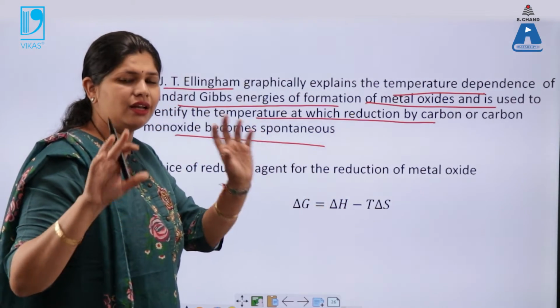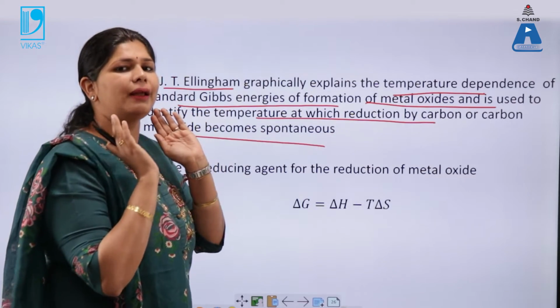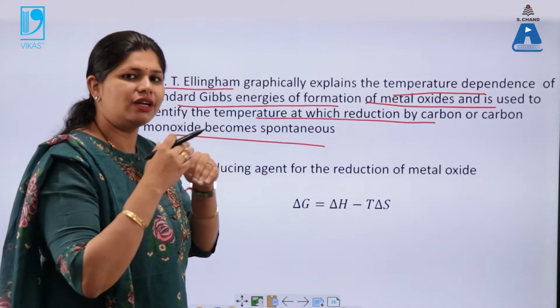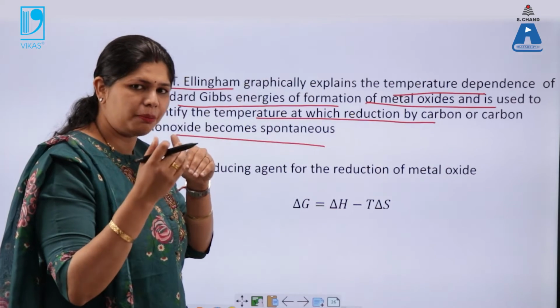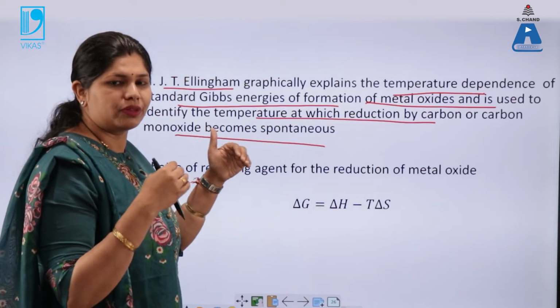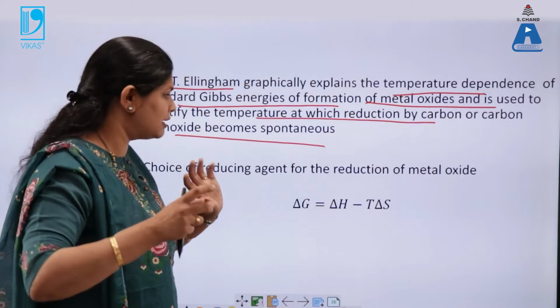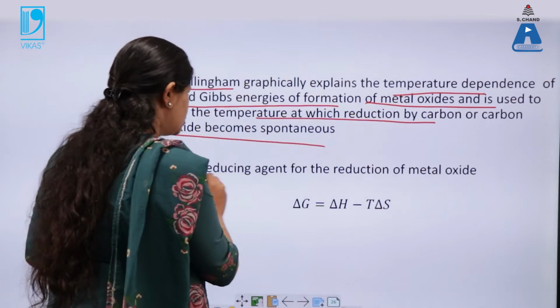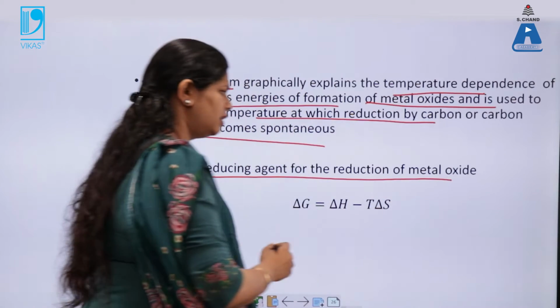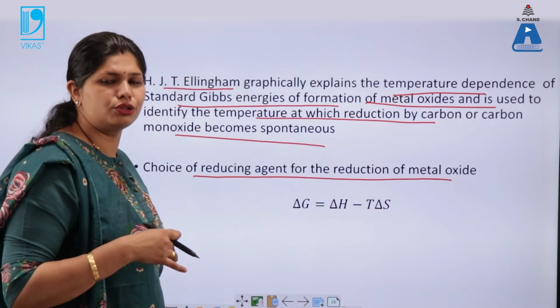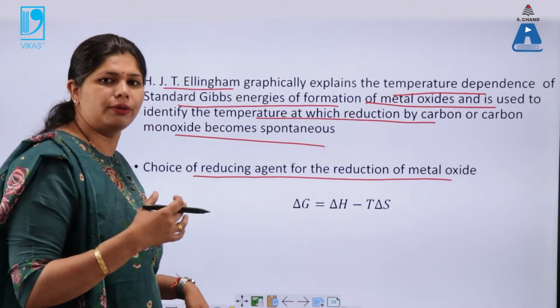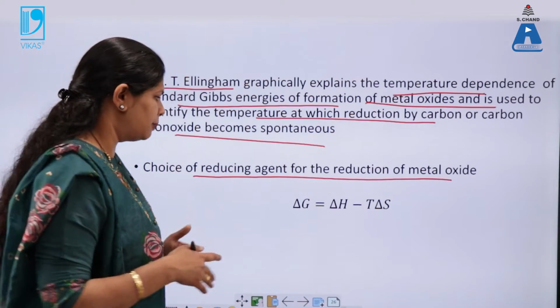Ellingham suggested that there has to be a certain temperature at which the reduction reaction can take place, or the temperature at which formation of those oxides will take place. So the choice of reducing agent for the reduction of metal oxide can also be seen from the Ellingham diagram.